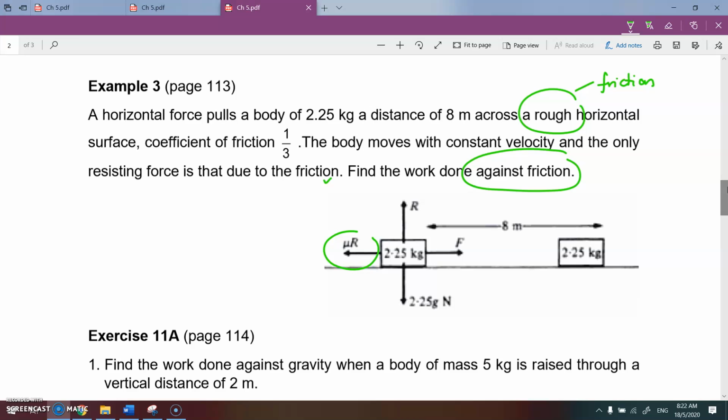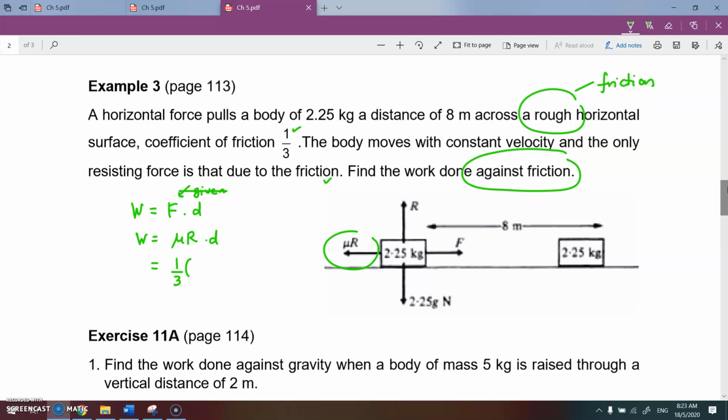But if it is against friction, you may have to calculate the force first. F is mu R. So you have to find mu R first. Mu is given in the question as 1 over 3, but R is not given.